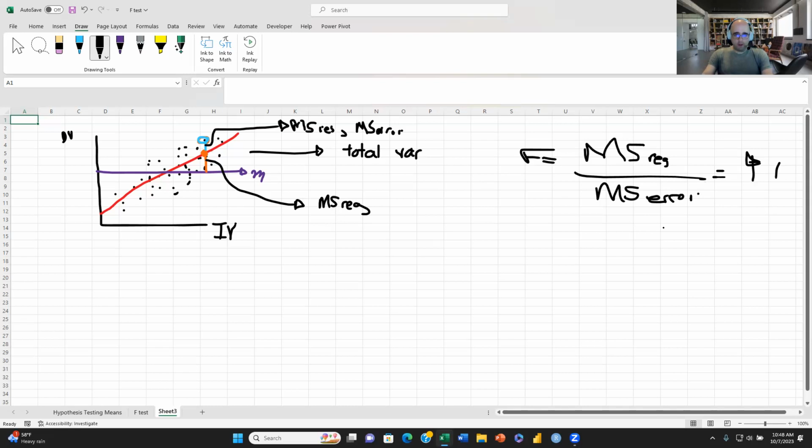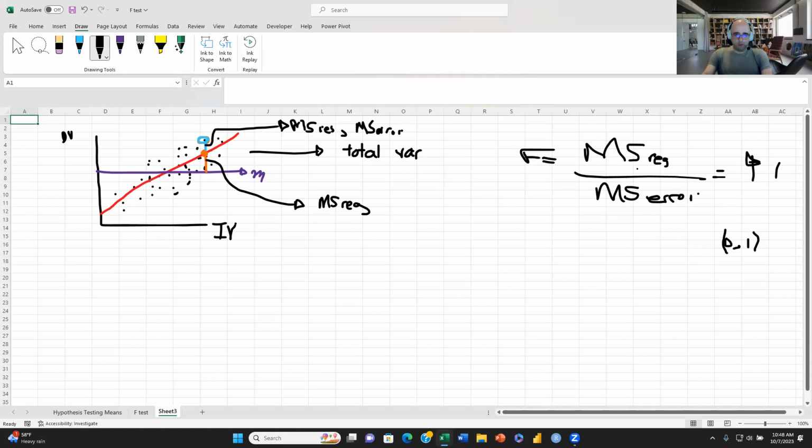If your mean squared of regression is less than your mean squared of error, it makes sense that your F is going to be between 0 and 1, not including 0 and not including 1.